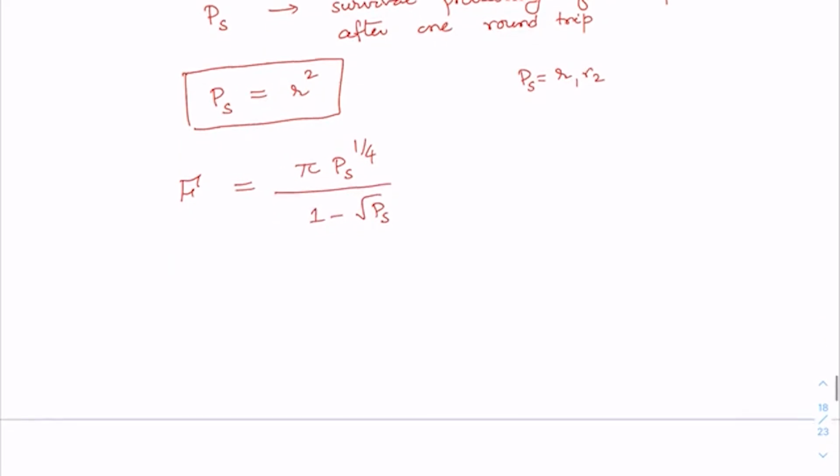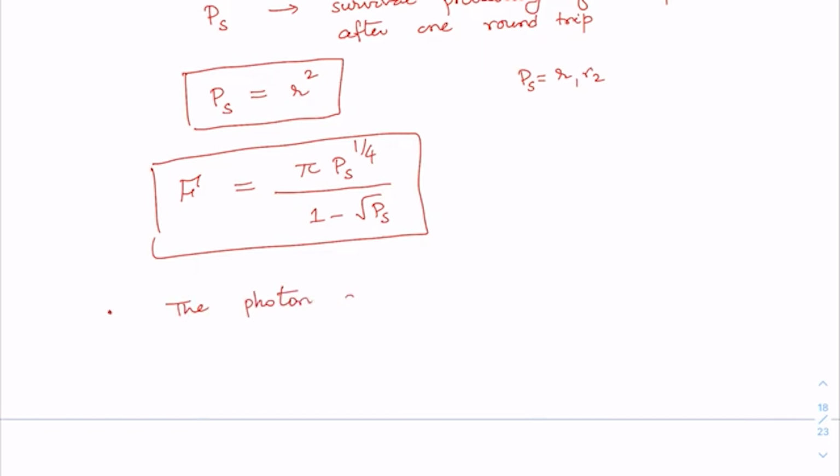Now we are going to use the probability that a photon gets lost after one round trip.